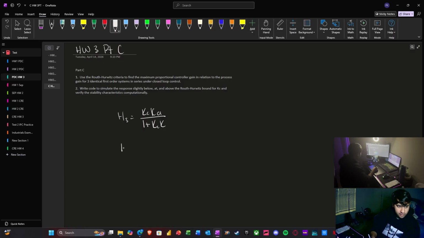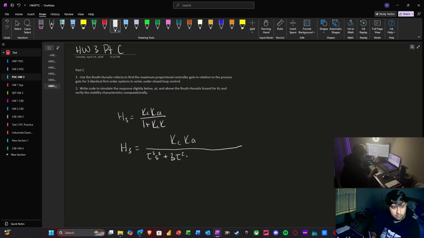So what we're going to end up with is H3, which will equal Kc Ka, all of that, over tau cubed s cubed plus 3 tau squared s squared plus 3 tau s plus 1 plus our Kc K value. And then this is going to be multiplied by our A over s.